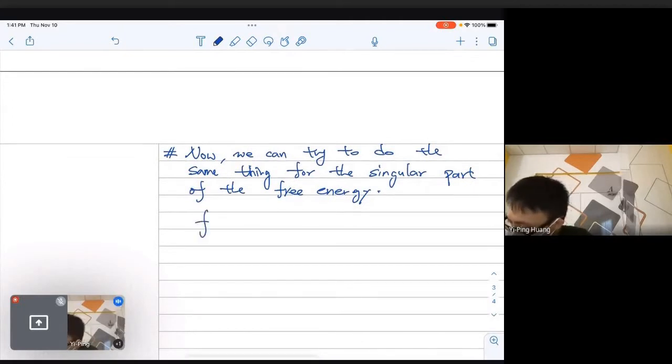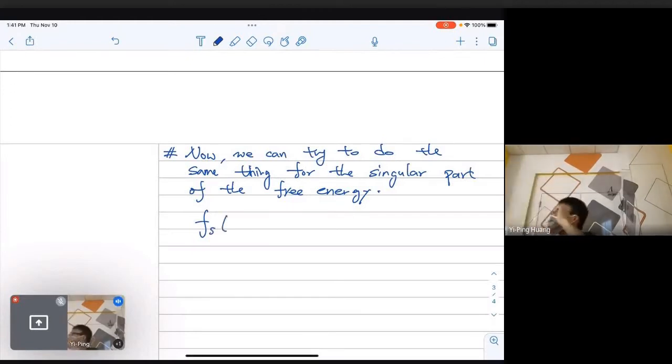In principle, we have some free energy, but we only care about the singular part, because that is the part where we will observe non-trivial power law or scaling behavior.